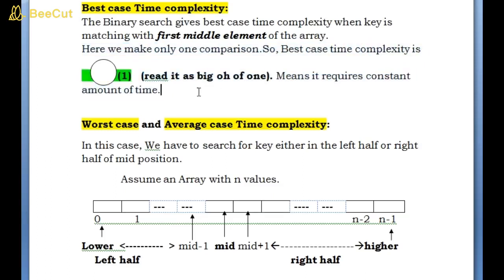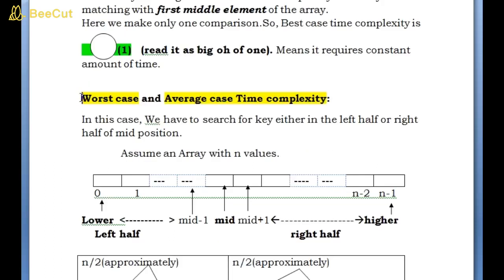Try to understand: when the key is matching with the first middle element of the array, then the binary search mechanism gives best case time complexity. Now we see worst case and average case time complexity.